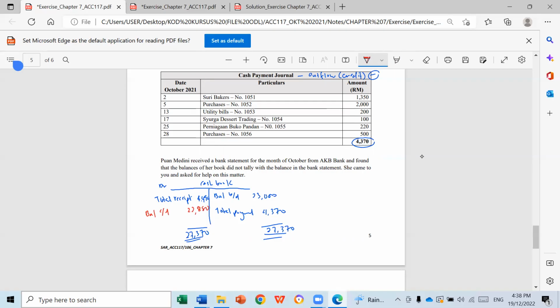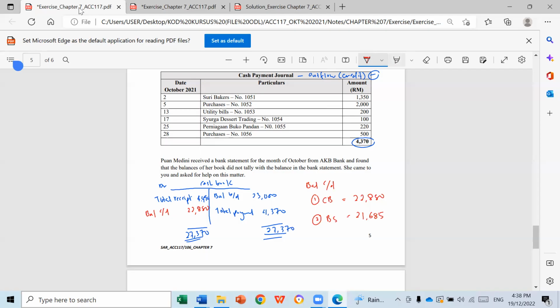22,880. So as you can see, the balance carried down in the cash book is 22,880, while the closing balance in the bank statement is 21,685.